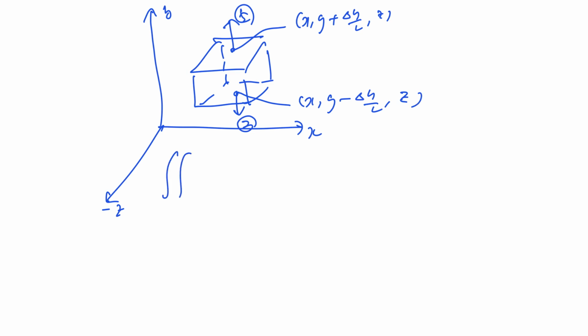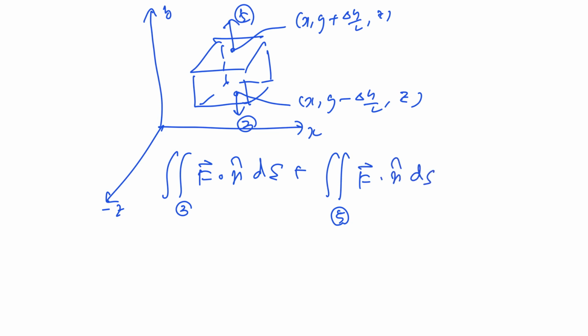So this integral over 2 and 5 of F dot n dS is minus fy at x, y minus delta y over 2, z plus fy at x, y plus delta y over 2, z.